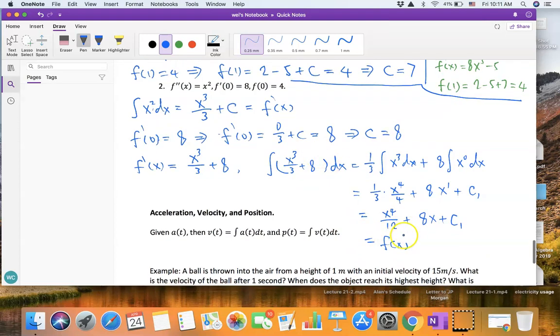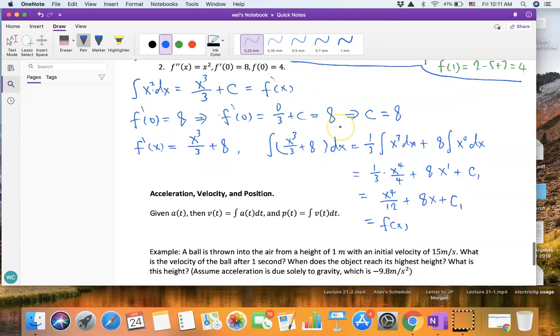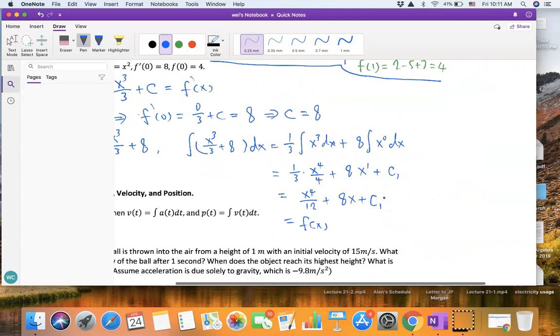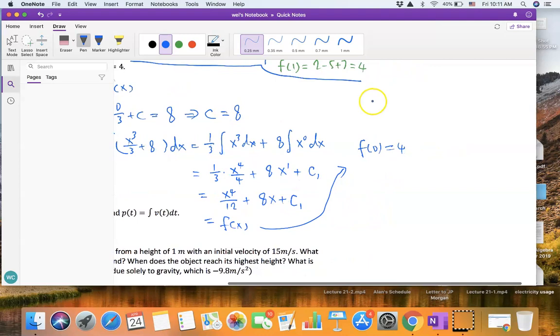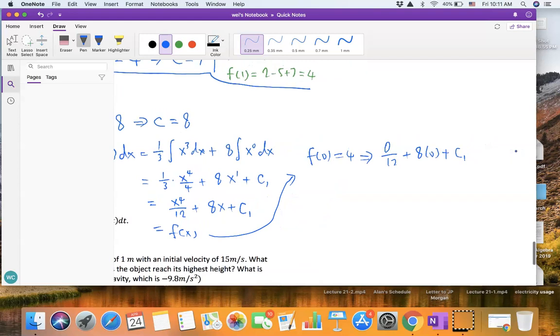Now to determine c1, we use the second initial condition. Let me write here. Since f of 0 equals 4, when we substitute 0 for x, this will be equal to 4.